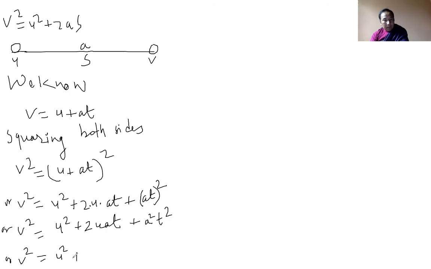plus. Now we want to take 2a common from here. So to take 2 common, both should have 2. Here we have 2, but here we don't have 2. That's why to take the 2 common, we are going to use a trick. Since we want to take 2 common from here, 2 must be here.